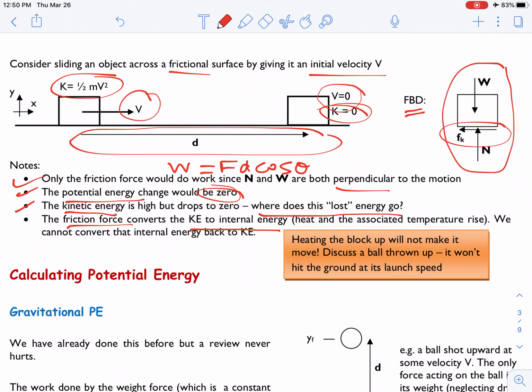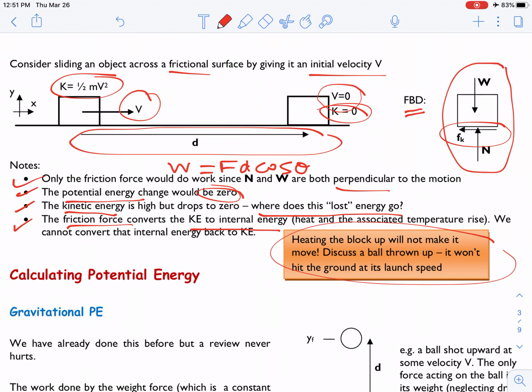But of course, energy is still conserved, because when we write the energy conservation, we have all those terms. We just say that kinetic energy turns into internal energy. That's how we conserve it. So yeah, heating the block up will not make it move.